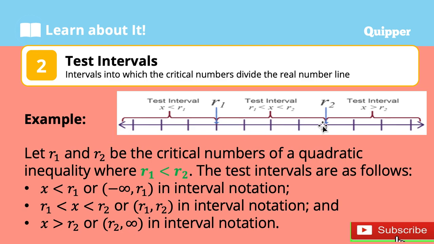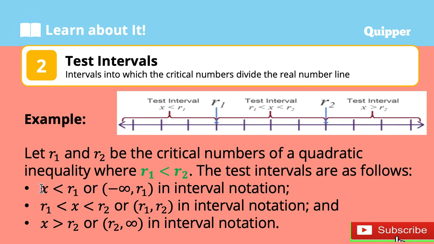This is our number line, and these are the roots, r sub 1 and r sub 2. Let r sub 1 and r sub 2 be the critical numbers of the quadratic inequality, where r sub 1 is less than r sub 2. The test intervals are as follows.